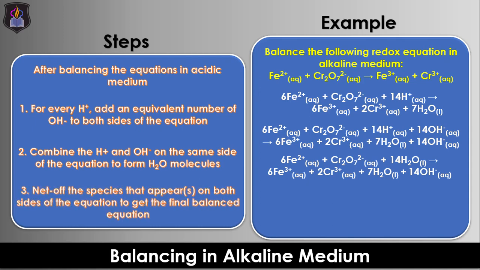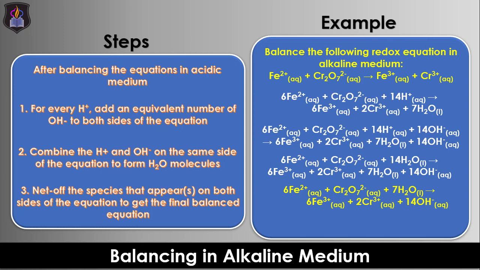Finally, net off the water molecules that appear on both sides of the equation to get the final balanced equation. From the equation on the screen, there are 14 and 7 moles of water on the left and right hand sides respectively. So netting it off will reduce the 14 moles on the left hand side to 7 moles of water, hence the final and balanced equation.